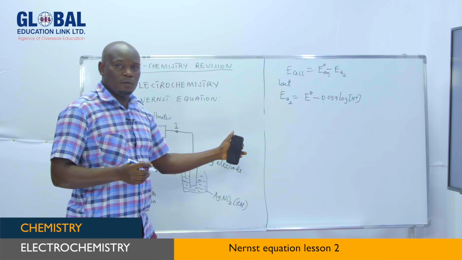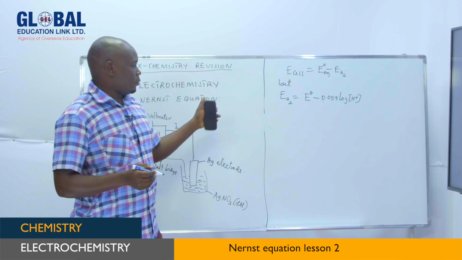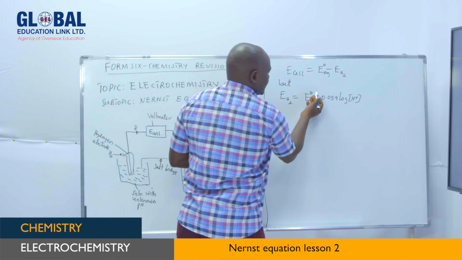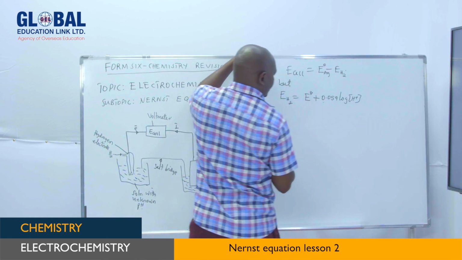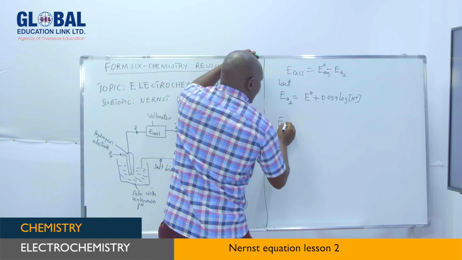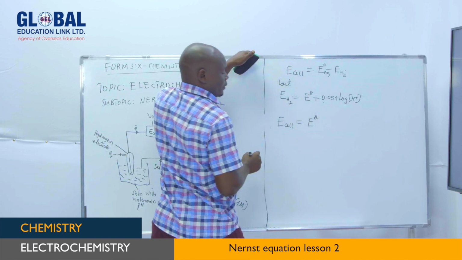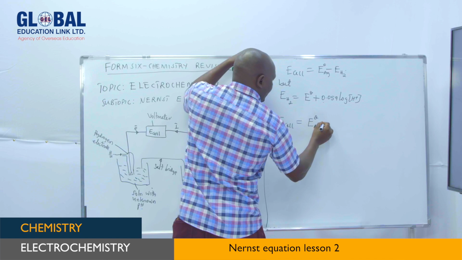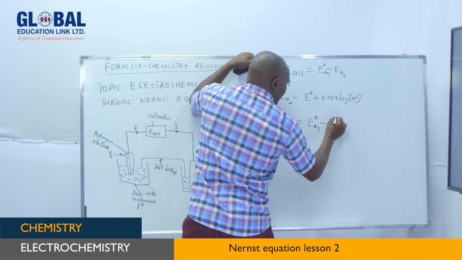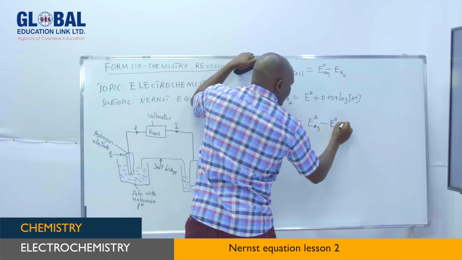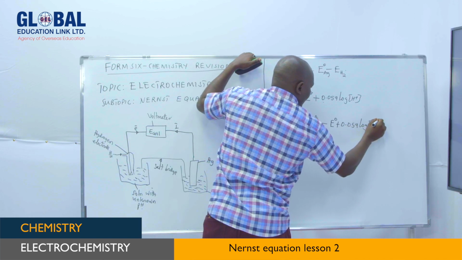I know you remember this from when we started discussing the standard electrode potential and the application of the Nernst equation. Now, if we substitute, the E of a cell will be equal to the standard electrode potential of silver minus that of hydrogen, which is E standard, plus 0.059 log of concentration of hydrogen ions.